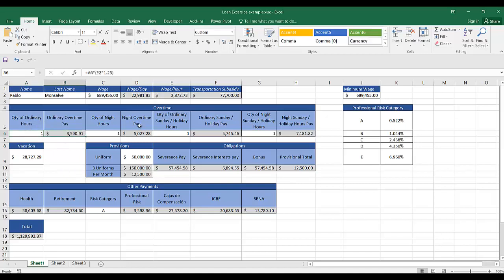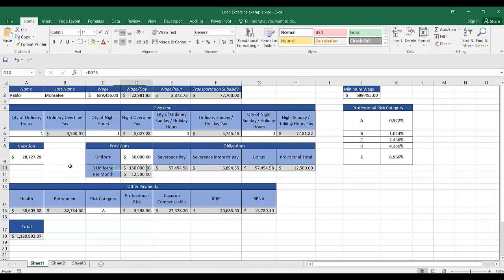All this is overtime or extra hours, quantity of night hours, and then you're going to get a bunch of totals. The vacation that this person receives, and you will create the formula for each one. Okay, then the uniform. Okay, then severance pay and severance interest pay, the bonus, provisional total.